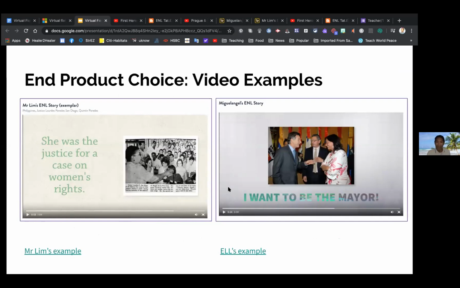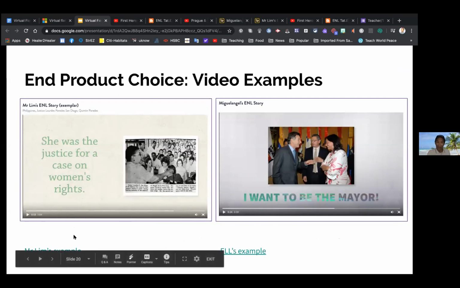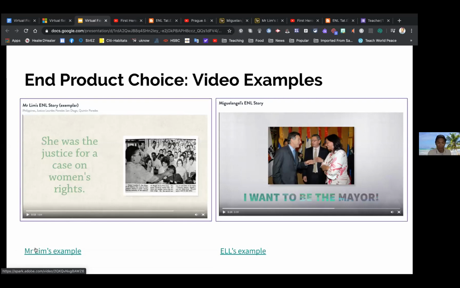And later, the students were able to create their own, and now I have examples for them. We do have a little bit of time, so I'm going to show you an example of what I did as part of like a net quest, also as an introduction to what they want to do, but also informational about the relationship between Mexico and the Philippines.